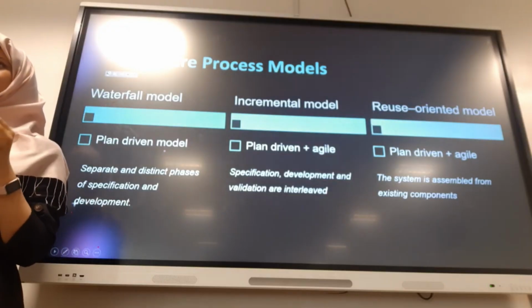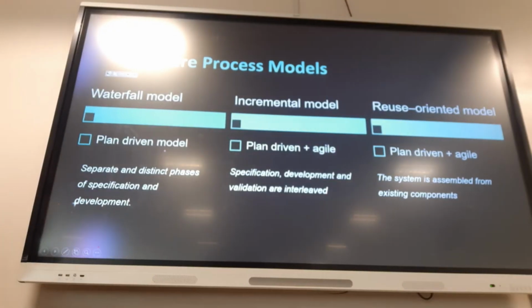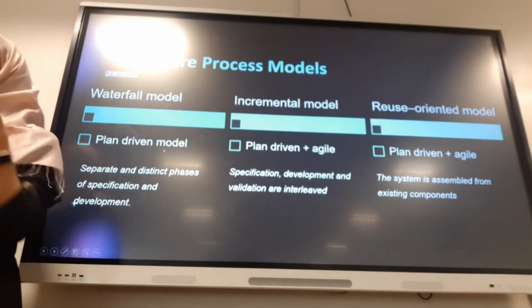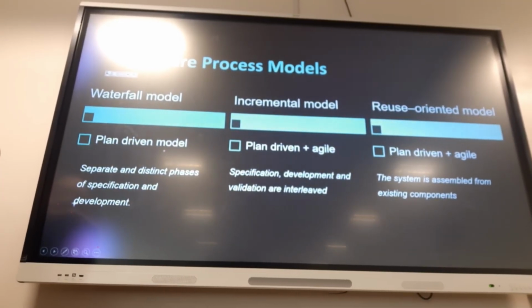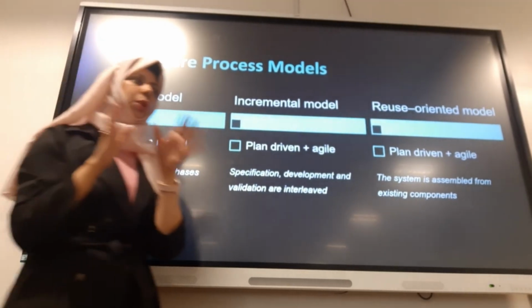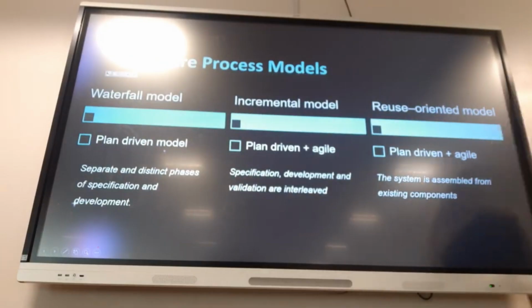How many of them do you think are built from scratch? And how many of them are built on top of other applications or other APIs or even components? Like, you don't build everything from scratch. Most, if not all, are based on it.